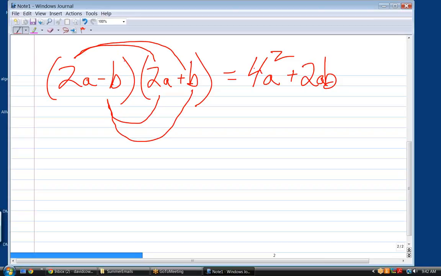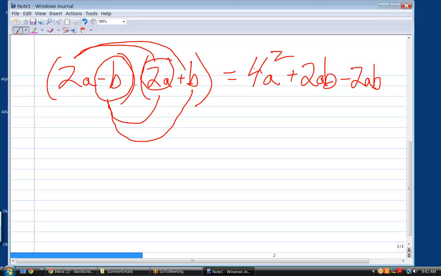Remember, the next term comes from multiplying that by that. So negative 2A? Negative 2AB. Are you saying B? It fades away. I said B. Okay, good. And then what's the last term?